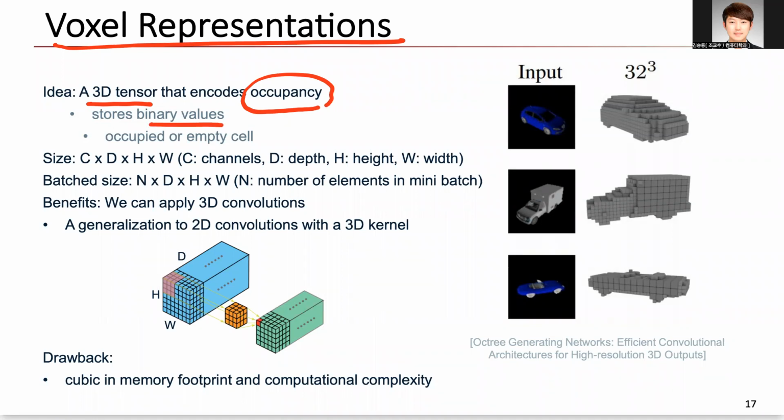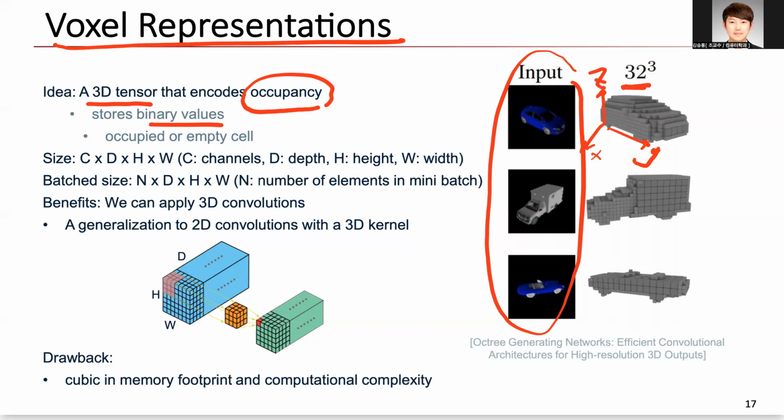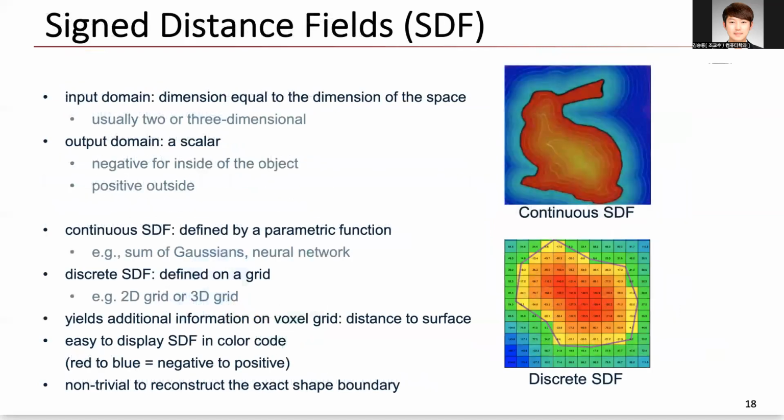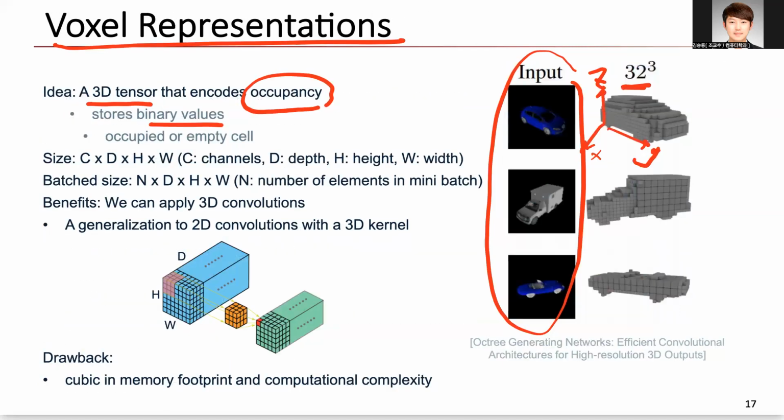For example, this is a kind of image, right? But when it comes to the voxel representation, in this case 32 to the 3, so x, y, z, we divide this space into bins, for example 32 bins by 32 bins by 32 bins.